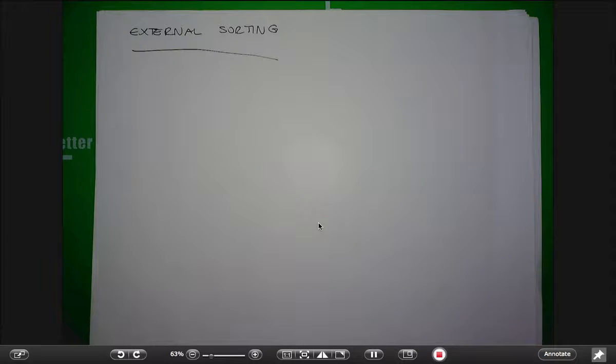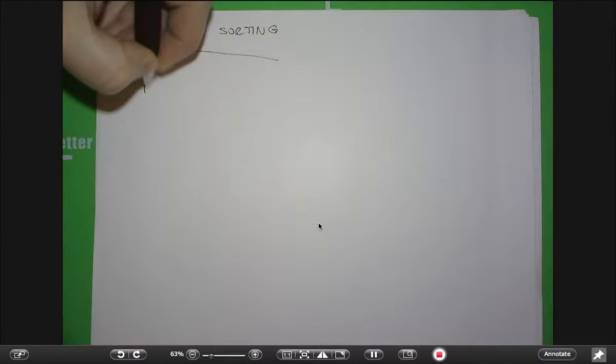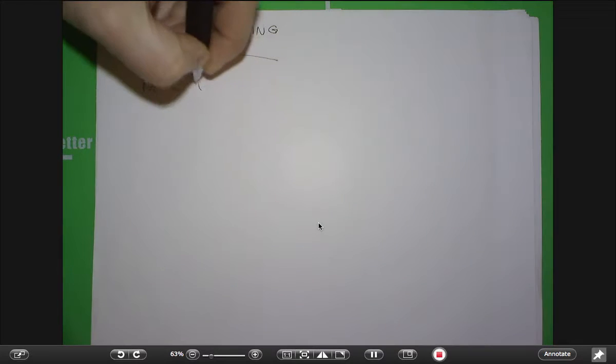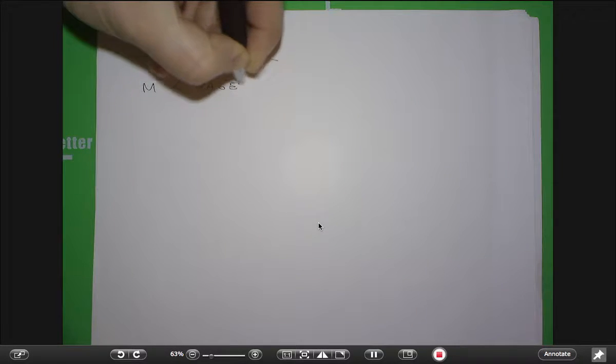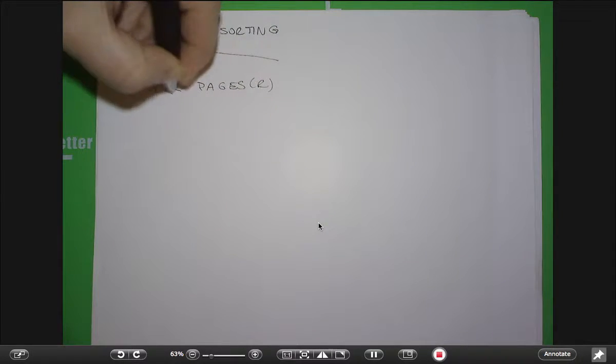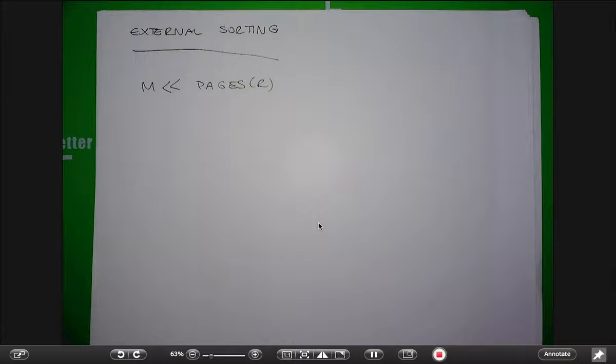So, for example, in many cases, M is much smaller than pages of R. So I cannot really sort everything in memory because I can only read M things at once. As a result, I'm going to do 2 passes. Okay?